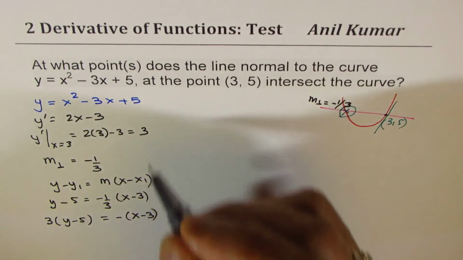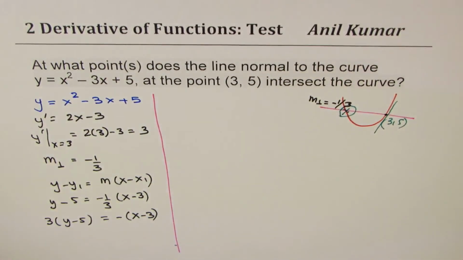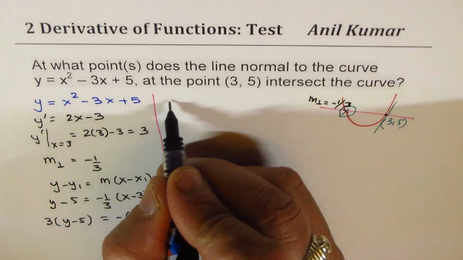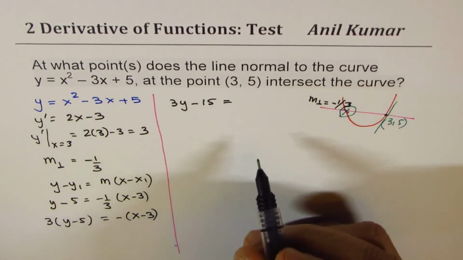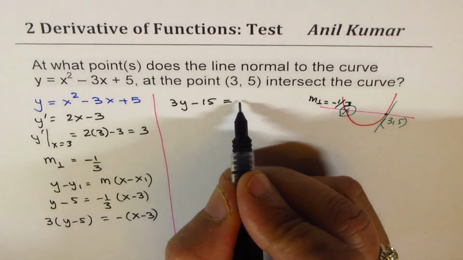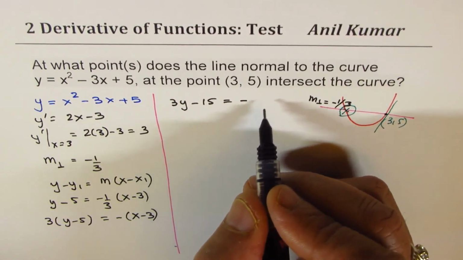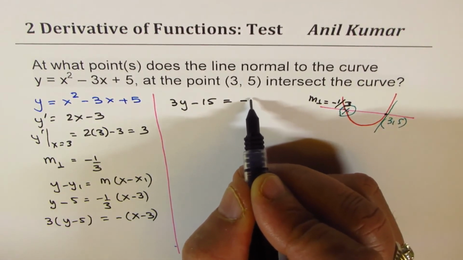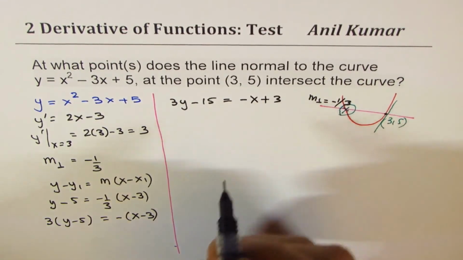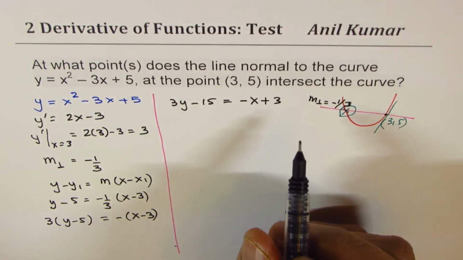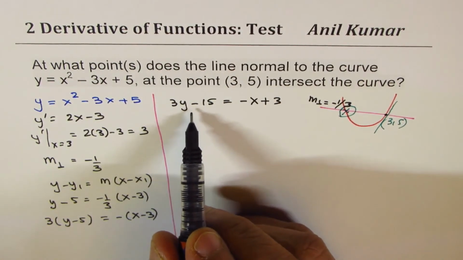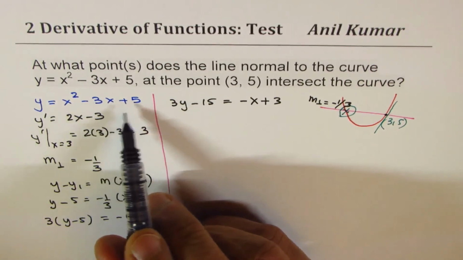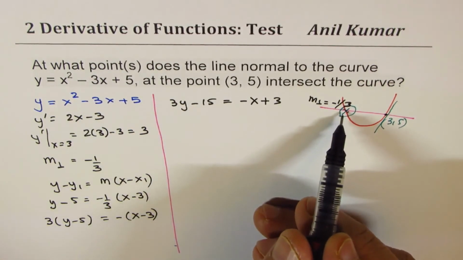So now we are going to solve this equation. Let's rewrite. Open the bracket: 3y minus 15 equals minus x plus 3, let us say, right? Okay. So the equation of this line is, let me write it in terms of y because we need to find the point of intersection also.